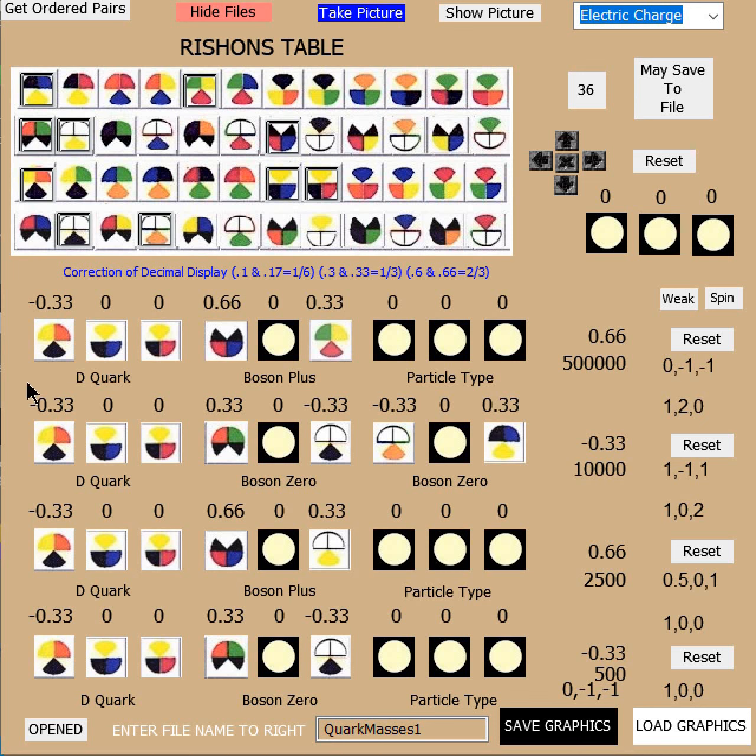Now, if we want to know the combinatorial value for, well, let's take a look at the anti-V. After touching the anti-V graphic, I come over here and see that I have a plus 0.5, or 1/2, for the S value, but I have a 0 for the T value. And so 2 times 1/2 is 1 plus 0 is 1.